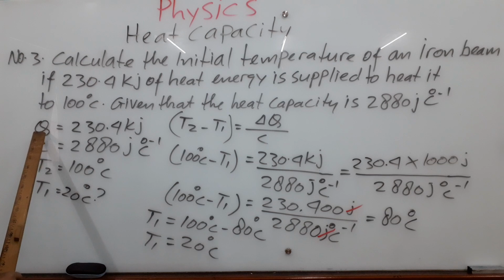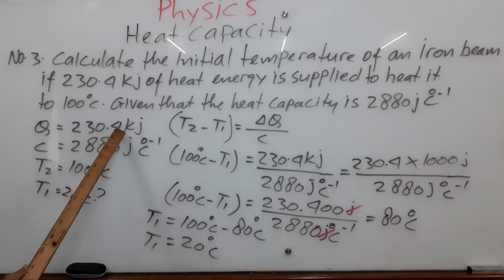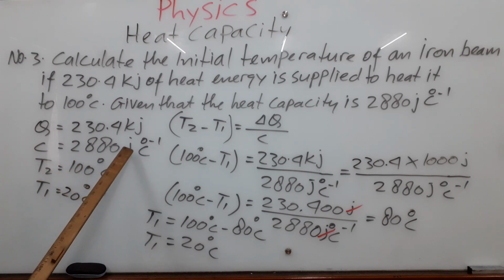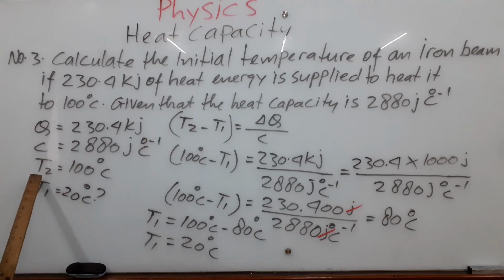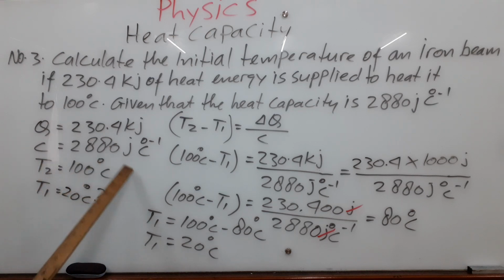So we have Q here, which is the heat energy, 230.4 kJ. The heat capacity, we use letter C here, 2880 joule degrees Celsius power minus 1, and T2, our final temperature, is 100 degrees Celsius.